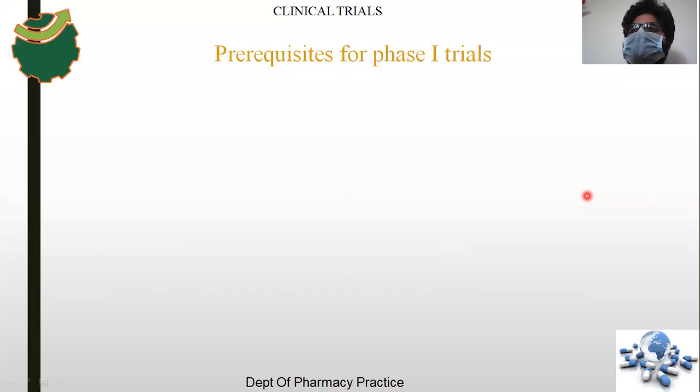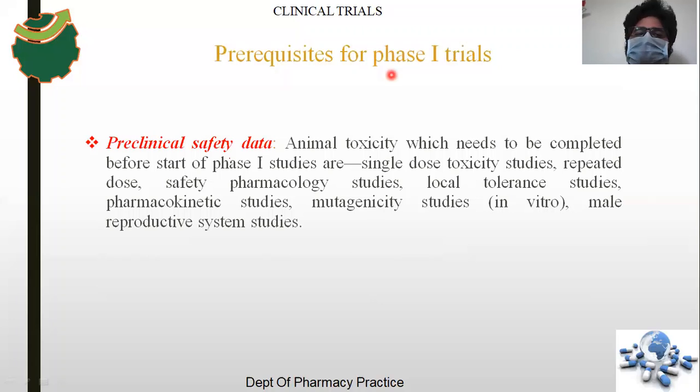Like that, what are the prerequisites for conducting clinical trials in phase one? One of the prerequisites is preclinical safety data. We get certain safety data from animal studies, the preclinical studies, so we'll be seeing the pharmacological approach and toxicological approach.